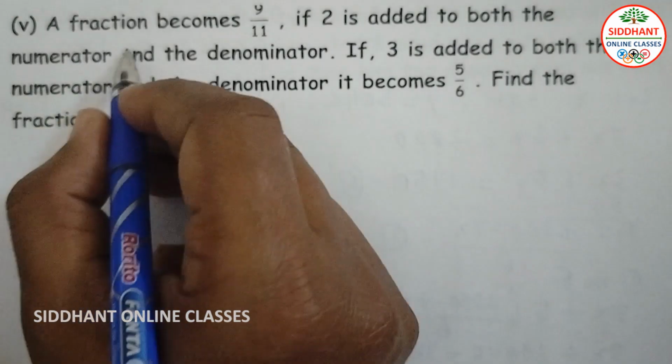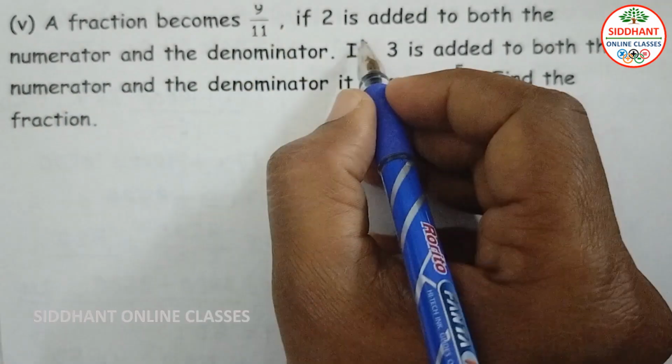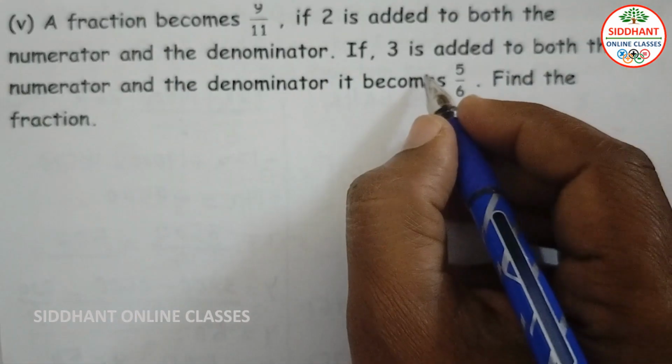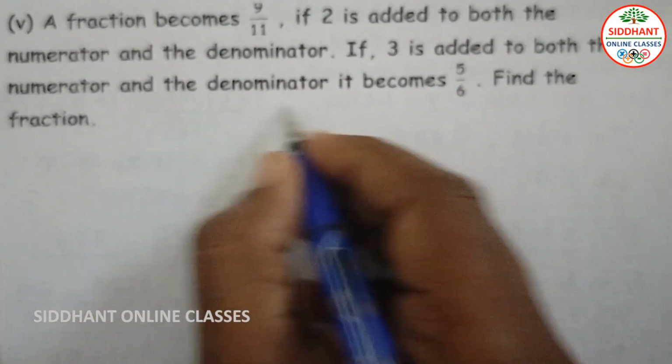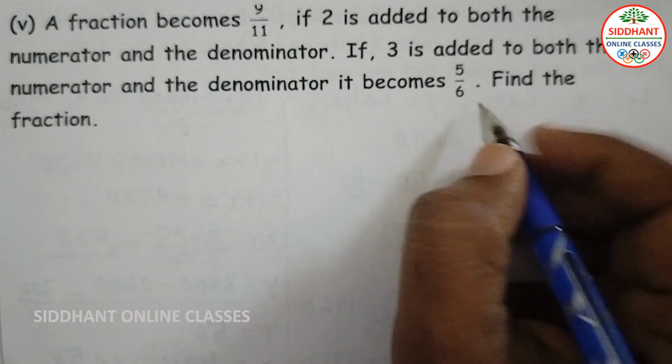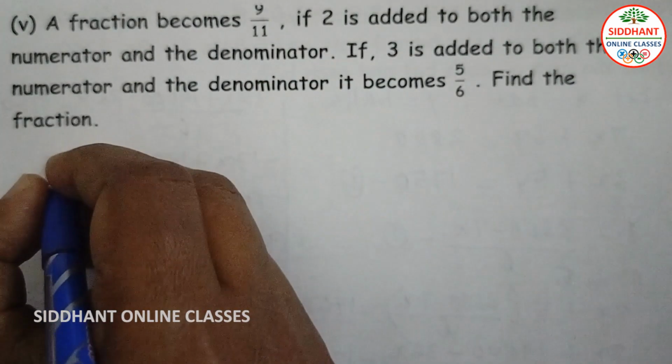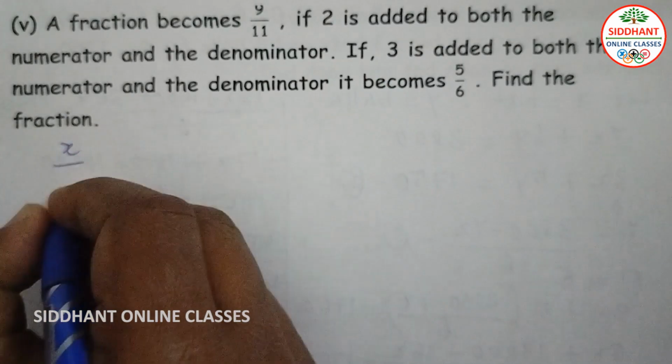Question number 5. A fraction becomes 9 by 11 if 2 is added to both the numerator and denominator. If 3 is added to both numerator and denominator, it becomes 5 by 6. Find the fraction here. So now let the fraction be x by y.